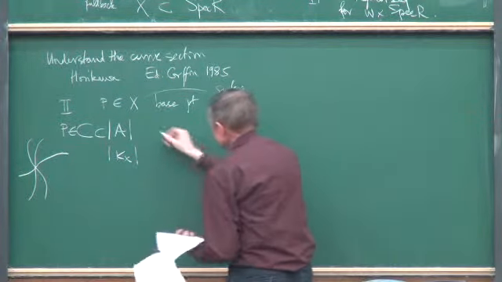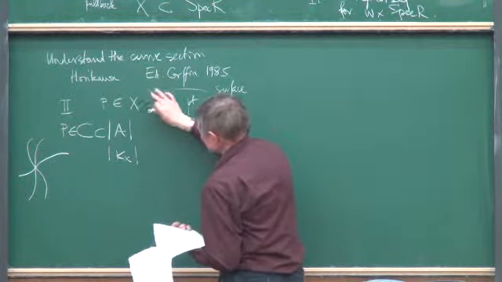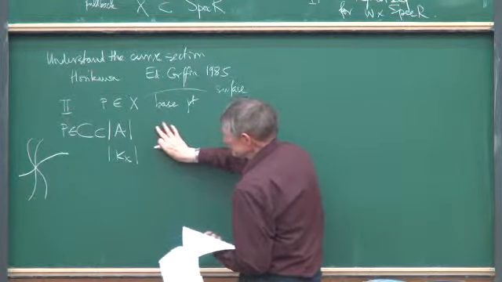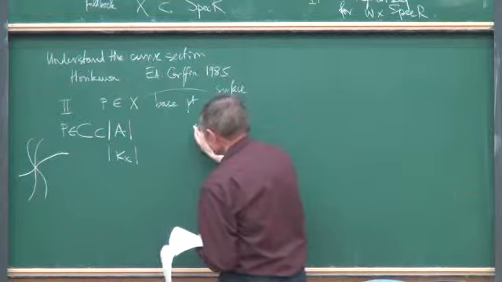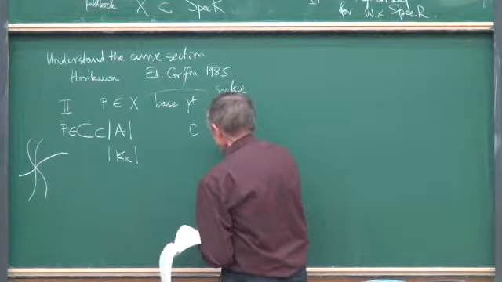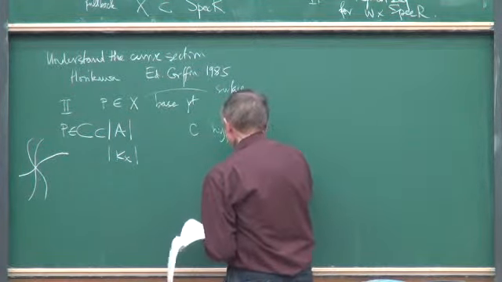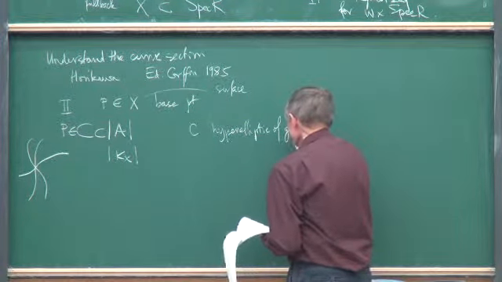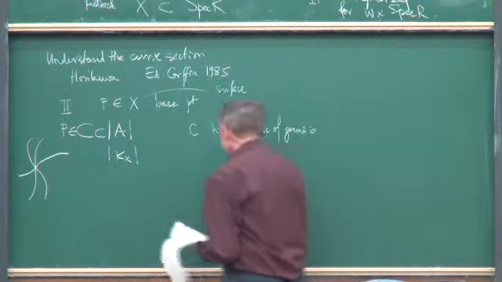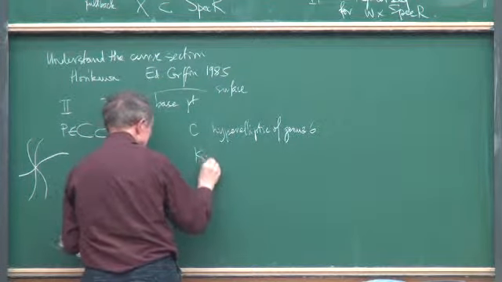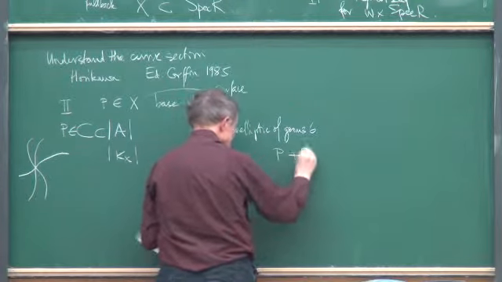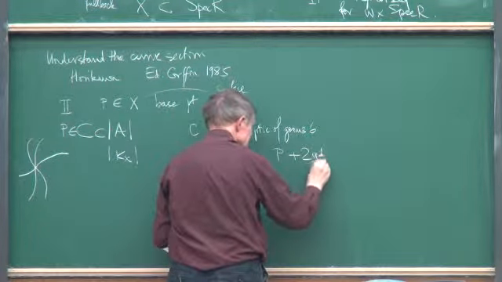Right? And so the thing already Horikawa said perfectly simply about this curve is that C is hyperelliptic of genus 6, and K_X restricted to C is P plus twice g^1_2.